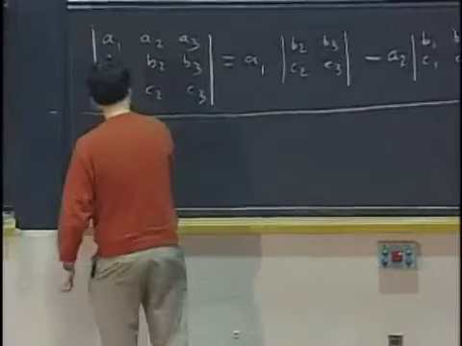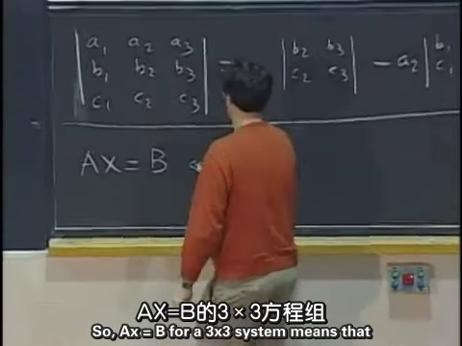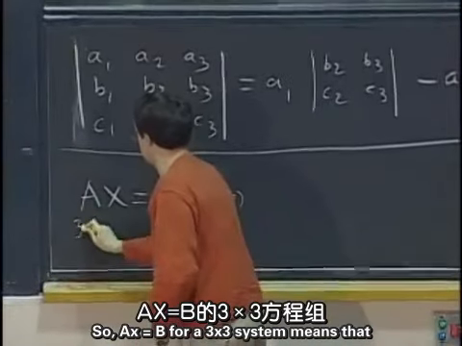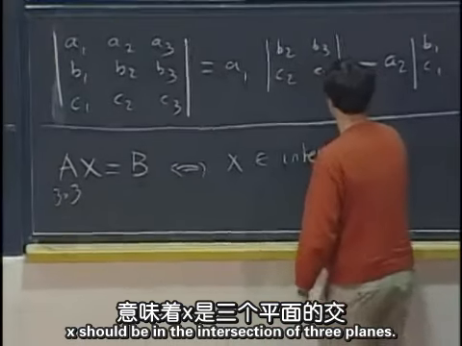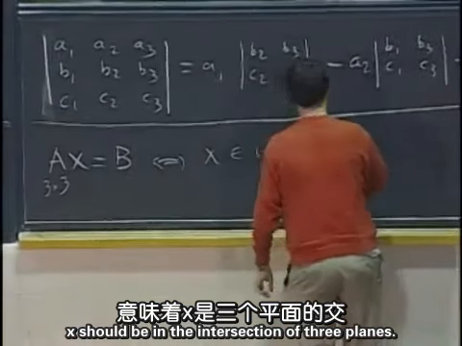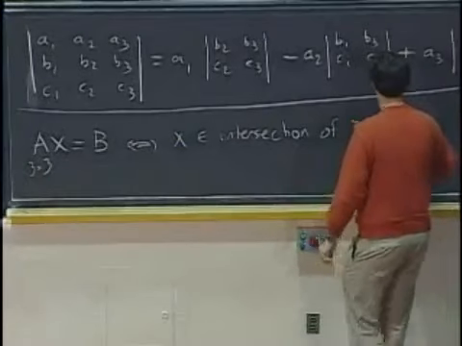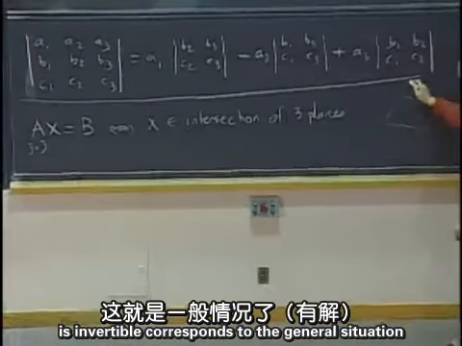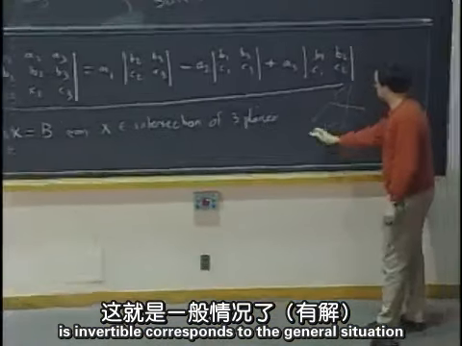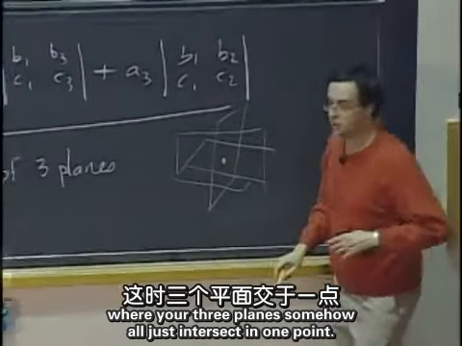So AX equals B for a 3x3 system means that X should be in the intersection of three planes. And then we have two cases. The case where the system is invertible corresponds to the general situation where your three planes all intersect in one point.